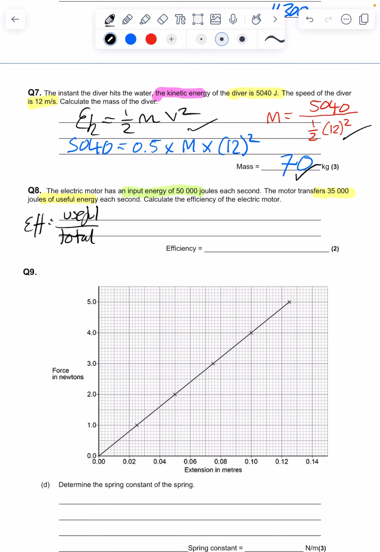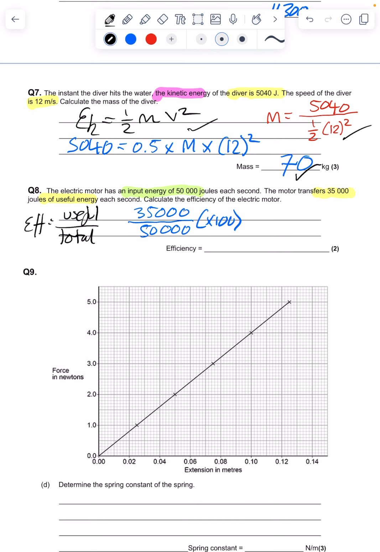So our useful energy is going to be 35,000, and then we divide that by our 50,000. Remember, for efficiency, it must be under 1 or 100% when we times it by 100.